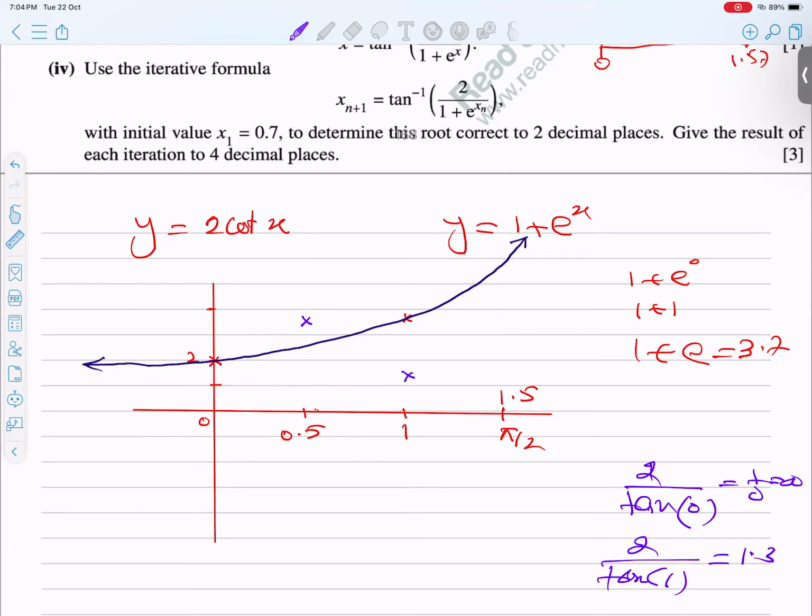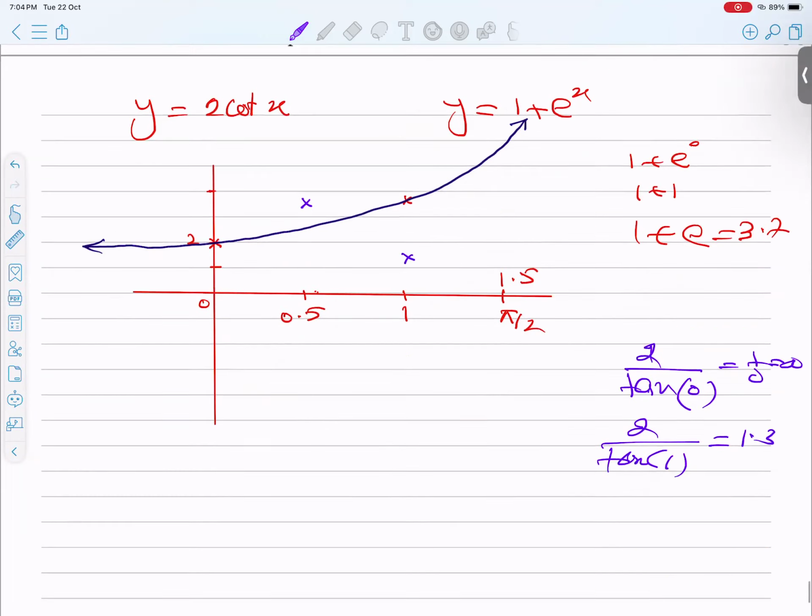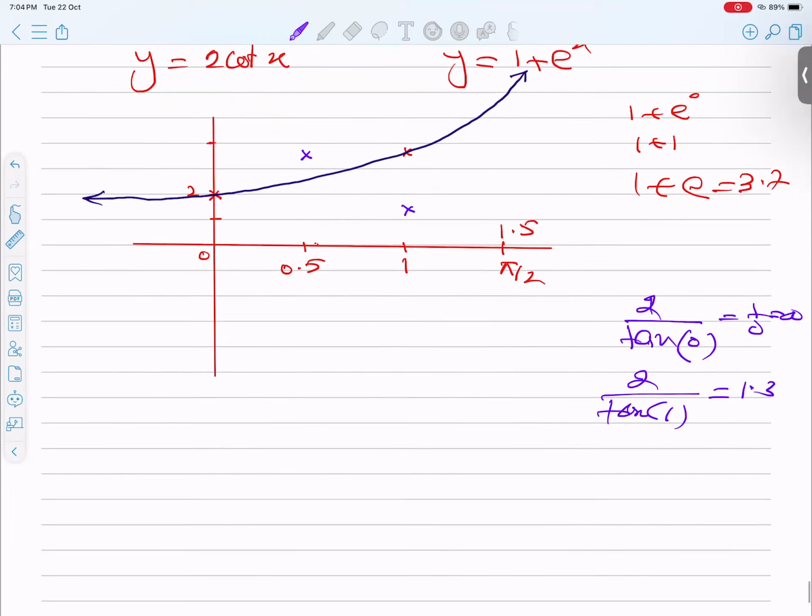And when I plug in pi by 2, students, let's see what happens. Pi divided by 2, wait a minute, let me check again. The problem is that tan pi by 2 is infinity.